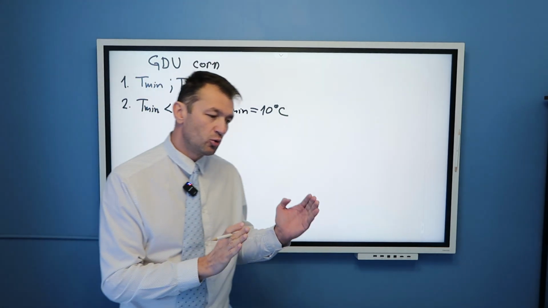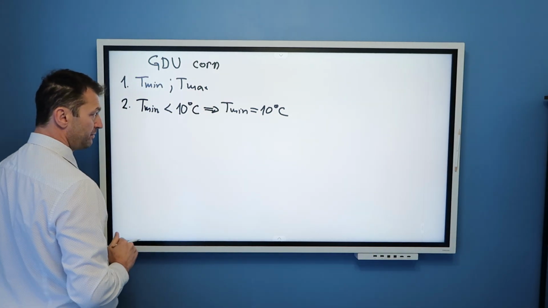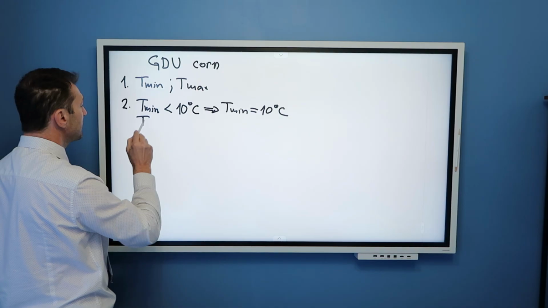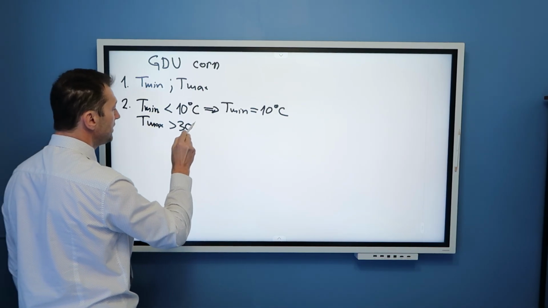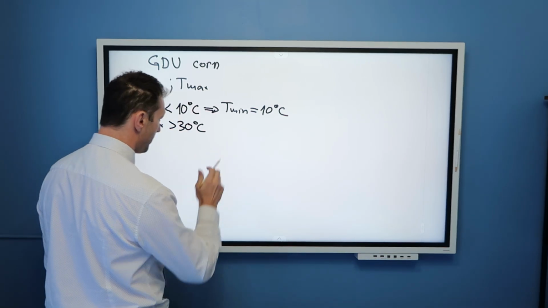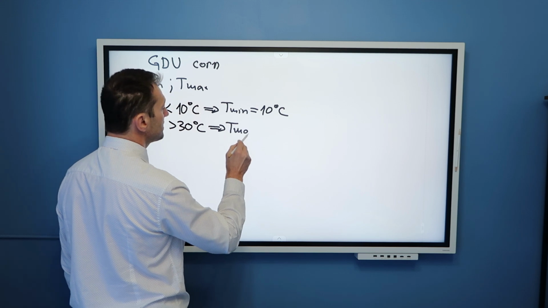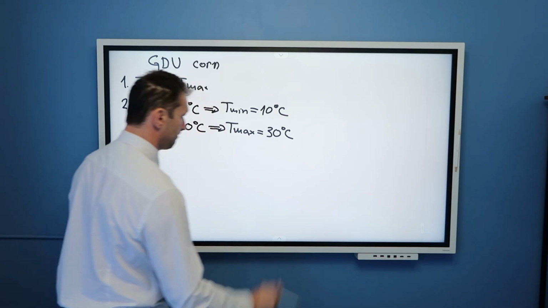Because I just told you, corn doesn't grow well when temperature drops below 10 degrees Celsius. Similarly, if this maximum temperature exceeds 30 degrees Celsius, because corn doesn't grow well when temperature exceeds this value, then set maximum temperature for that day to be 30 degrees Celsius.